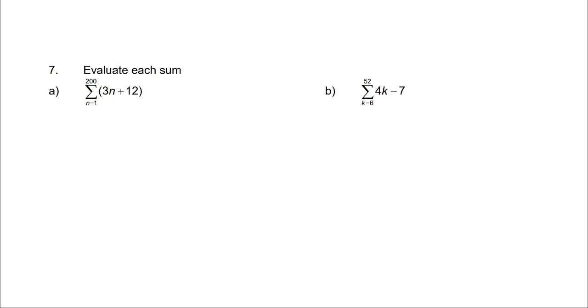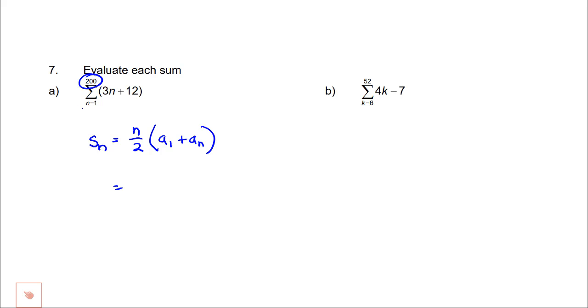I don't think you're going to want to expand this. You have a life, don't you? But watch this. S sub n, what does that mean? The sum of the terms, n over 2, a sub 1, what does that mean? First term. A sub n, what does that mean? Last term.